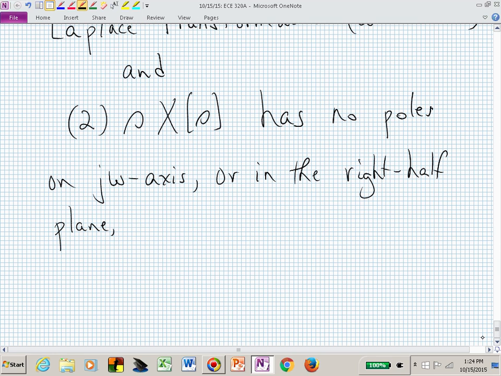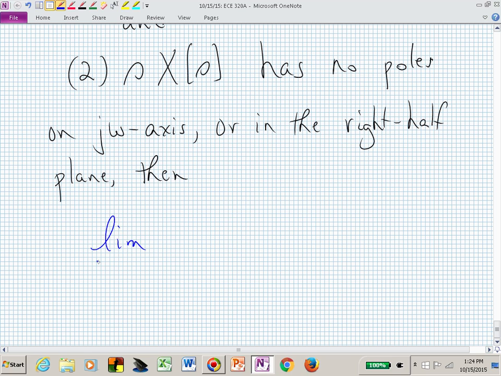So we are focusing on condition 2. We check that. If that's satisfied, then we can find the limiting behavior of our time domain waveform. The limit as t goes to infinity of little x of t is equal to the limit as s goes to 0 of that expression that we just computed, s times capital X of s.